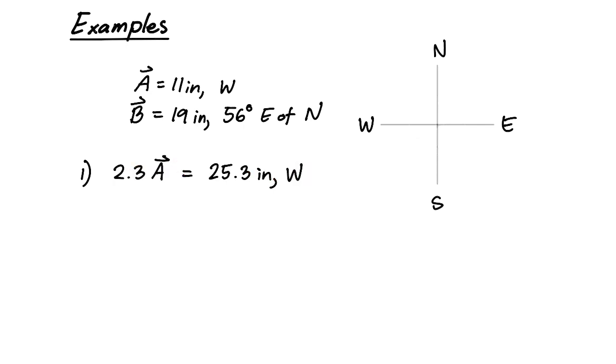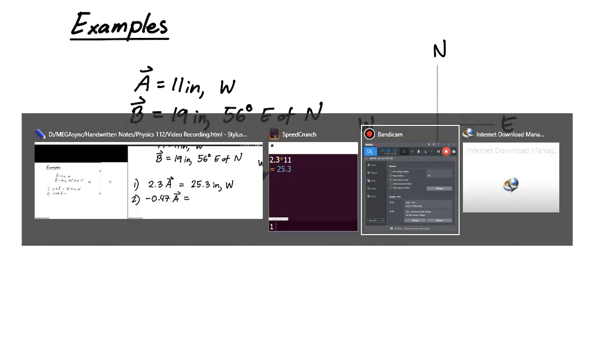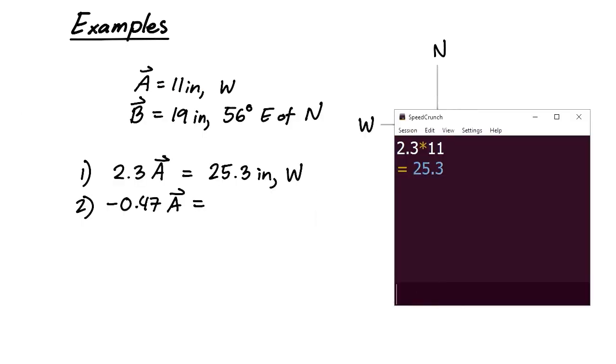Okay? Now, how about if we multiply 0.47 dun sa ating vector A? So again, let's multiply yung absolute value nitong ating scalar dito. That is negative 0.47. So we'll only take yung positive 0.47. And then we multiply it dun sa magnitude ni A. So that would be 0.47, again, absolute value lang.